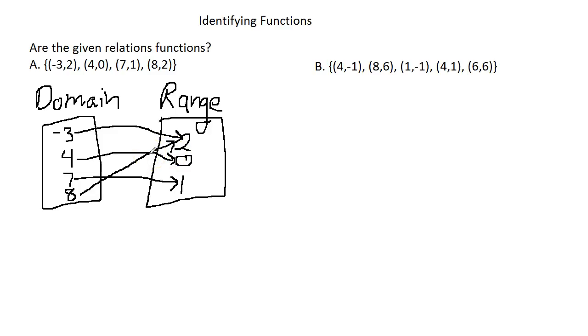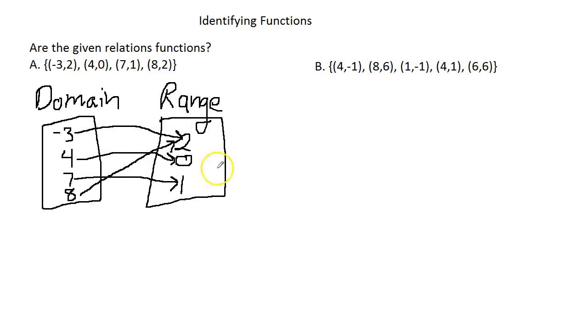Or did it? Well, after the dramatic pause, actually, no. Even though when you have a domain value of 8, an input of 8, you also get an output of 2, every input gave its own output value.